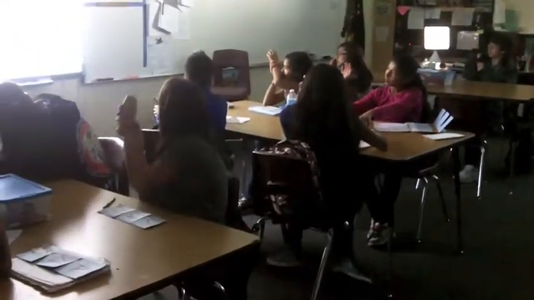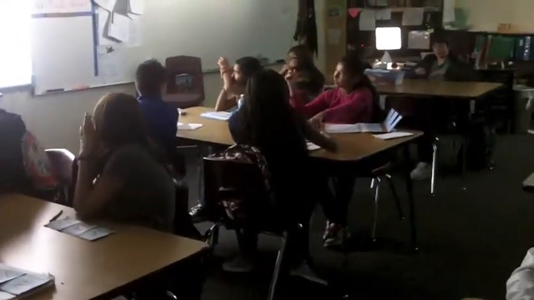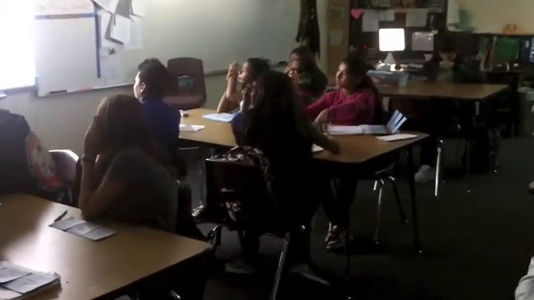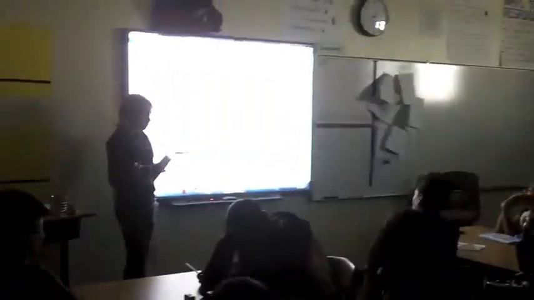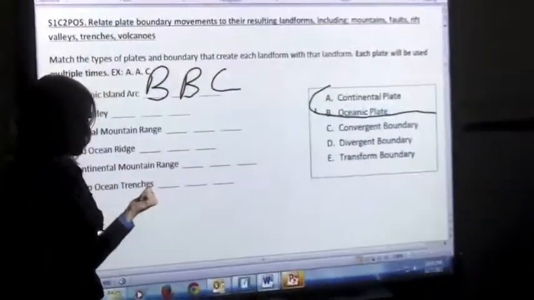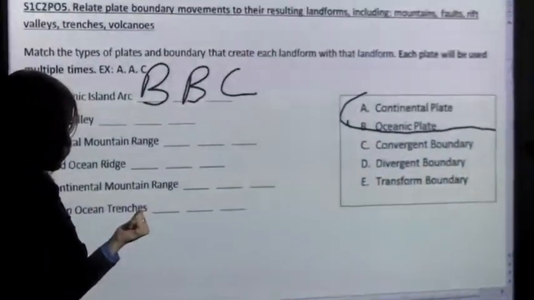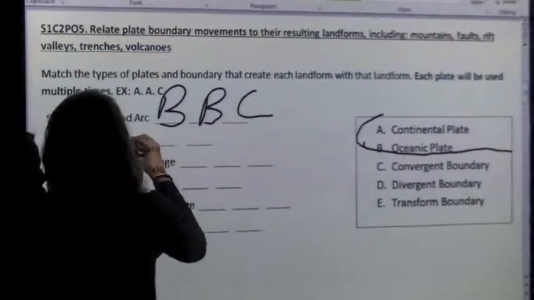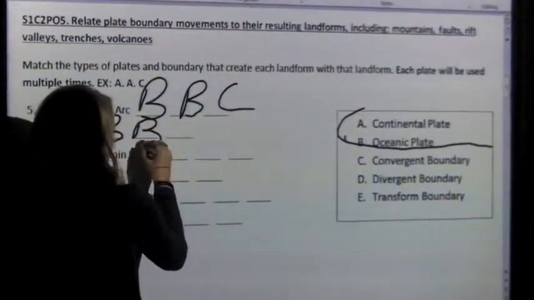It is part of that, but tell me some more details. We're in the right direction. Yeah, they are oceanic plates, so this is true. Is it just one or two? Yes, they are both oceanic plates. We're going to put BB.